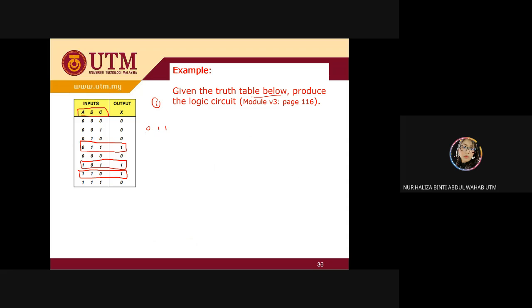From this input, I have the toggle, which is A bar because it is 0, then B and C, because my input is A, B, C. Next, I have 1, 0, 1, and the Boolean expression output will be A, B bar, C. Another one is 1, 1, 0, and I will get A, B, C bar.